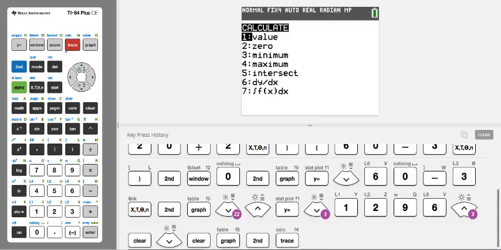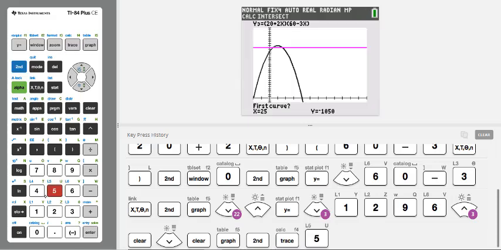So we'll go second, trace, and we'll go 5, intersect. There we go. Find my cursor. We're just going to find those two spots and go enter, enter, enter, and that's at 2.